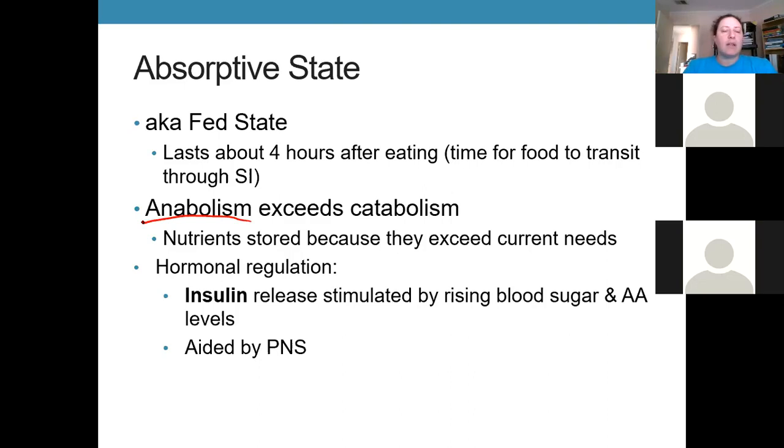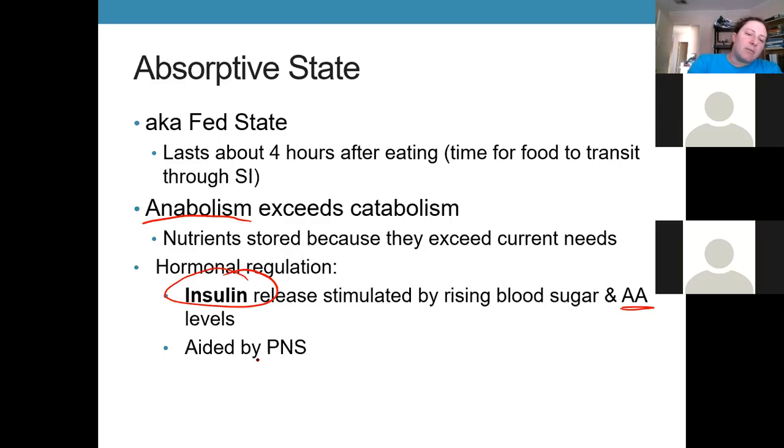And the hormonal regulation for this is going to be those anabolic hormones. In particular, it's going to be insulin, because when your blood sugar levels go up as you absorb a meal, insulin is released because its job is to keep your blood sugar from getting too high. It'll also get released with amino acid levels rising, but that's a whole other story.